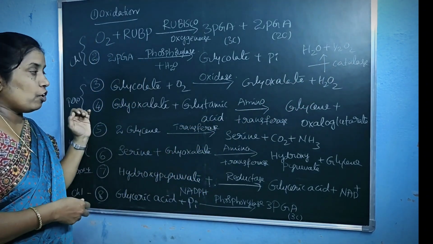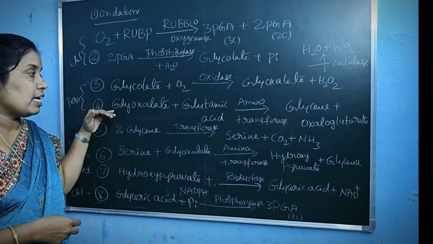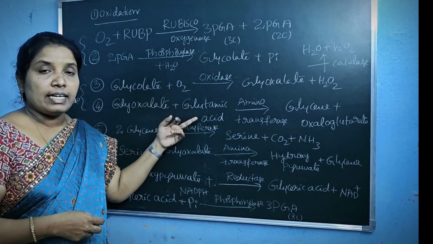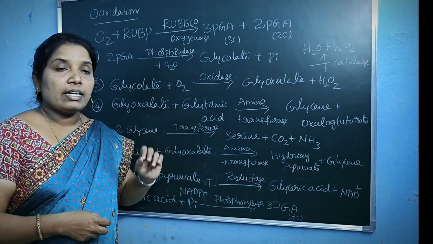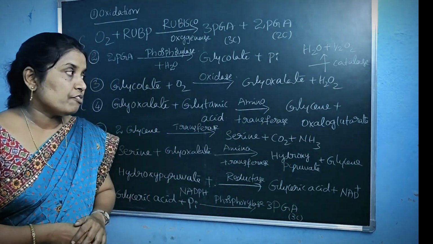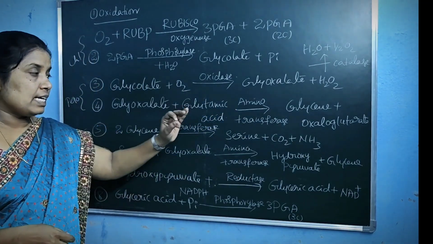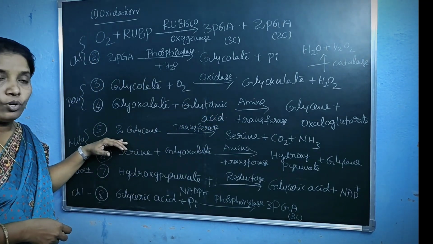Let's see the fourth step, which also occurs in peroxisome. Here the glyoxylate and glutamic acid combine together, resulting in the formation of glycine and oxoglutarate in presence of an enzyme aminotransferase. Okay, now the glycine enters into the mitochondria.